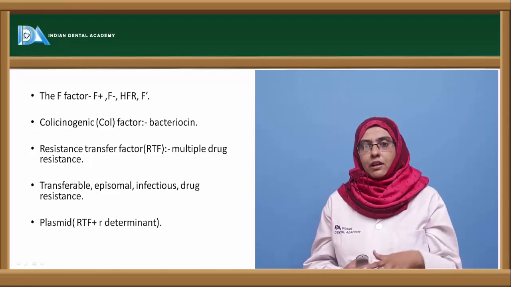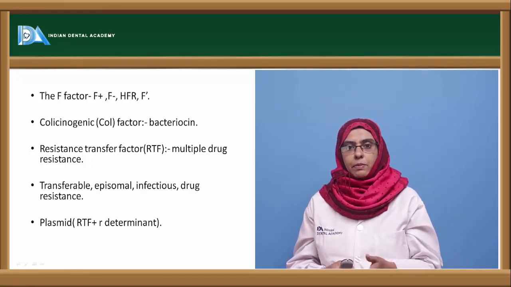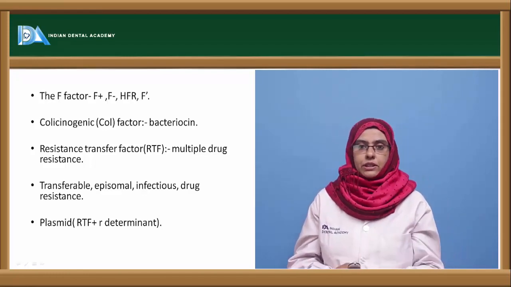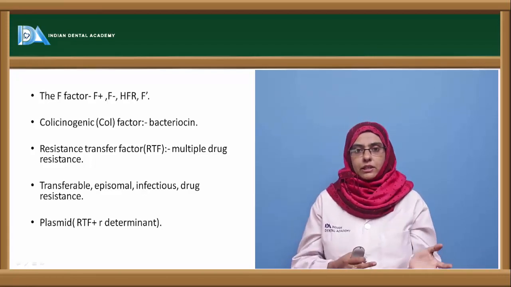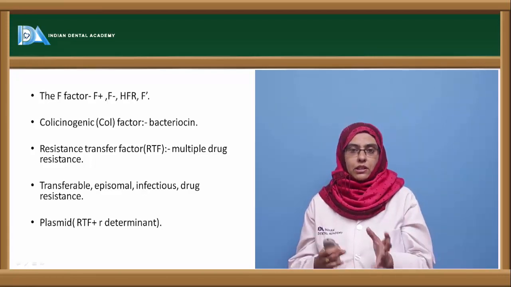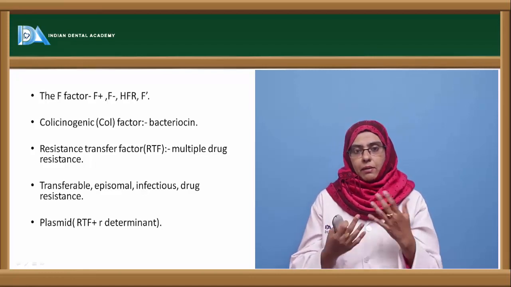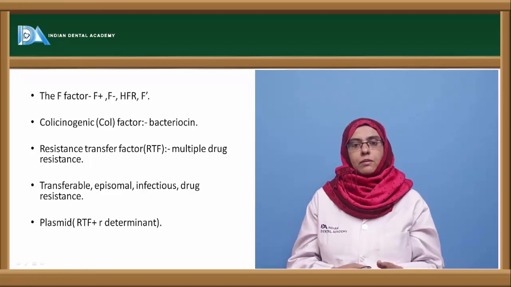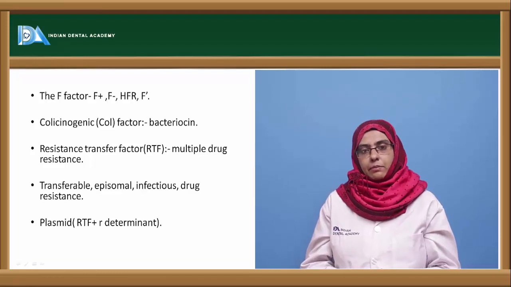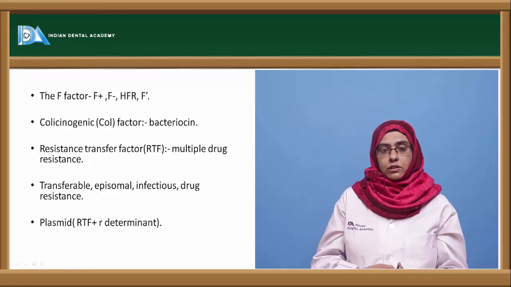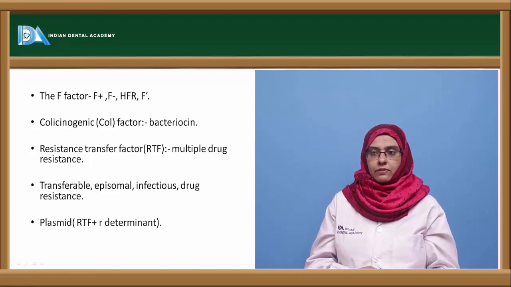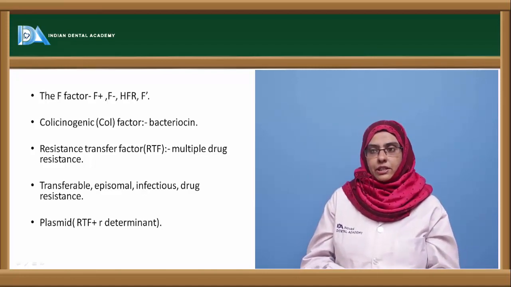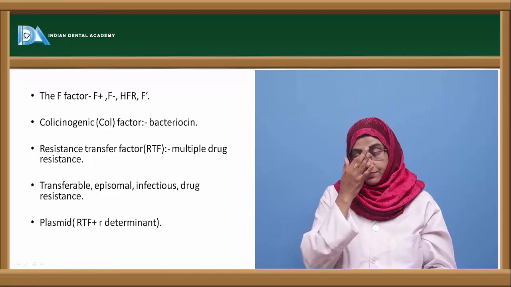Take for example Pseudomonas pyocyanea, which produces pyocin, and diphtherocin produced by Corynebacterium diphtheriae. So these bacteriocins are not only present in gram-negative organisms but can be seen in gram-positive organisms, and hence the name bacteriocin. They also have the ability to transfer genes from one cell to the other, and they are called transferable, episomal and infectious and drug resistance plasmids.